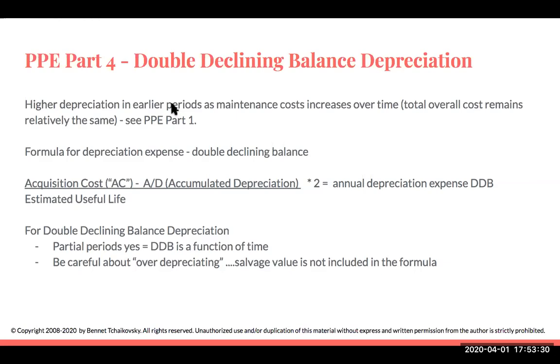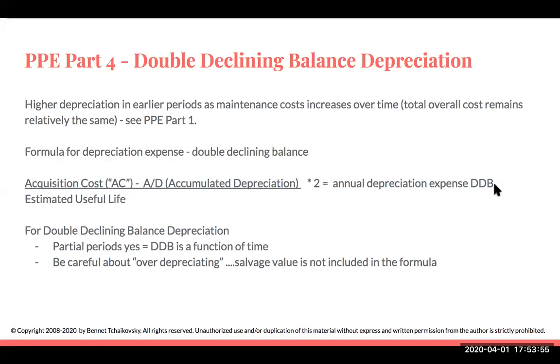Okay, so the way that we're going to calculate double declining balance is we're going to take our acquisition cost less the accumulated depreciation, or the total amount of depreciation that was taken to date, divided by the estimated useful life, and we're going to multiply that by 2. And this will give us our annual depreciation expense under double declining balance.